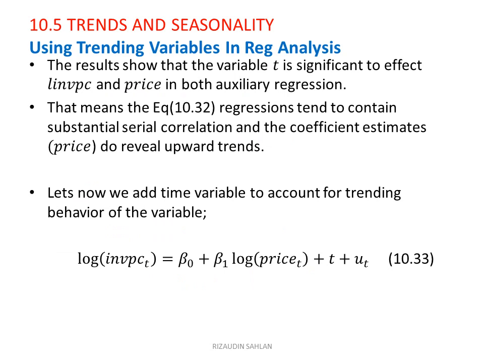This result shows that the variable t is significant in both auxiliary regressions. That means the regressions tend to contain substantial serial correlation and the coefficient estimates do reveal the upward trend.